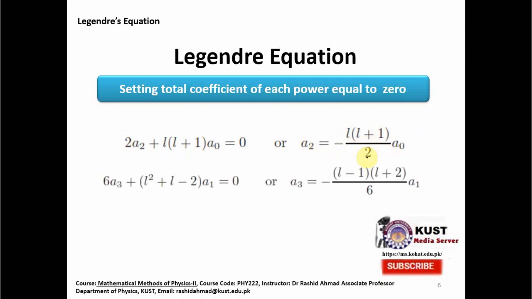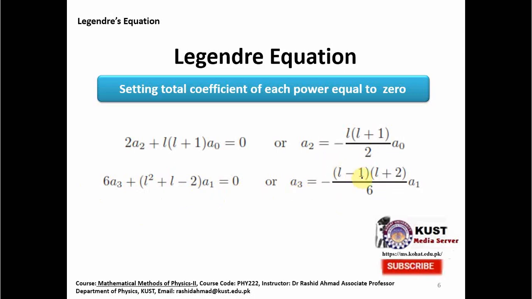And similarly, if we put the other coefficients equal to 0, for example of the power of x equal to 0, so this was the coefficient, and now if we solve it, so what would be the a3 here, and this goes up there. One more extra step we have also done in solving this equation, that we have factorized this L square L plus minus 2.